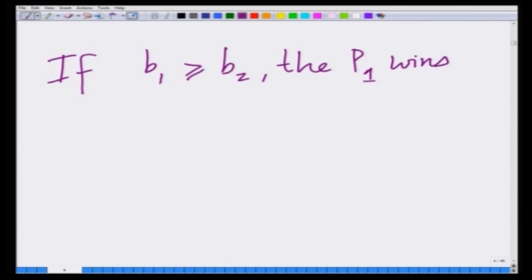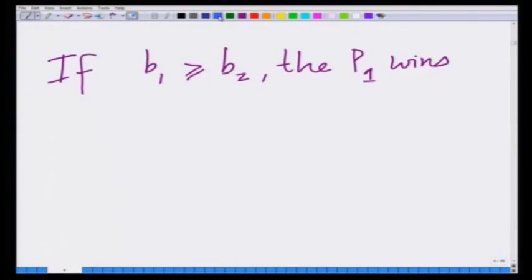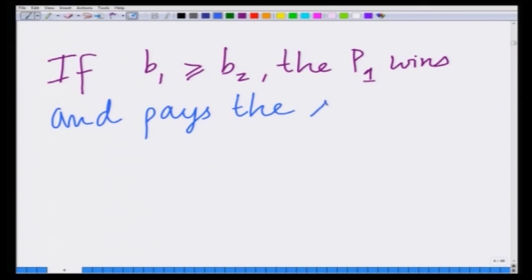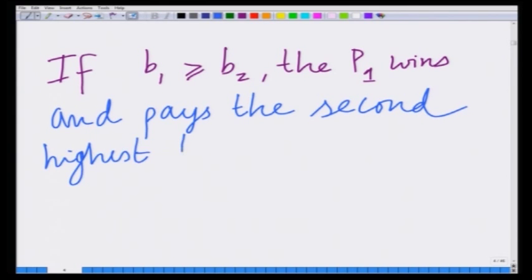Now since there are only two players, the second highest bid belongs to player 2, that is B2.